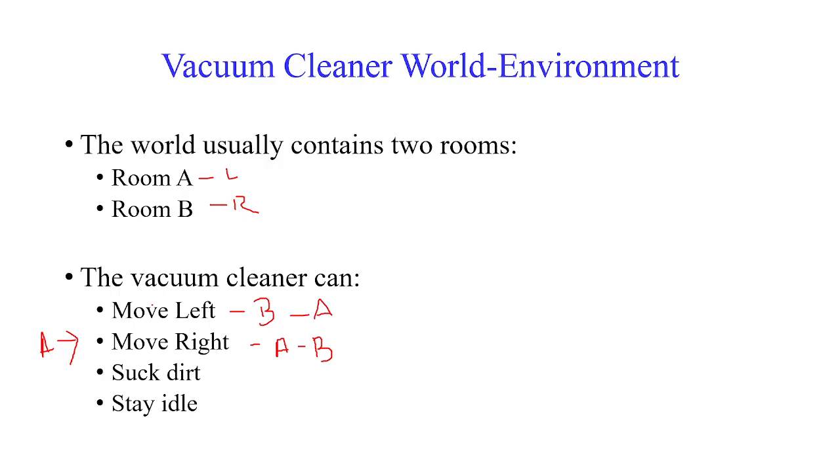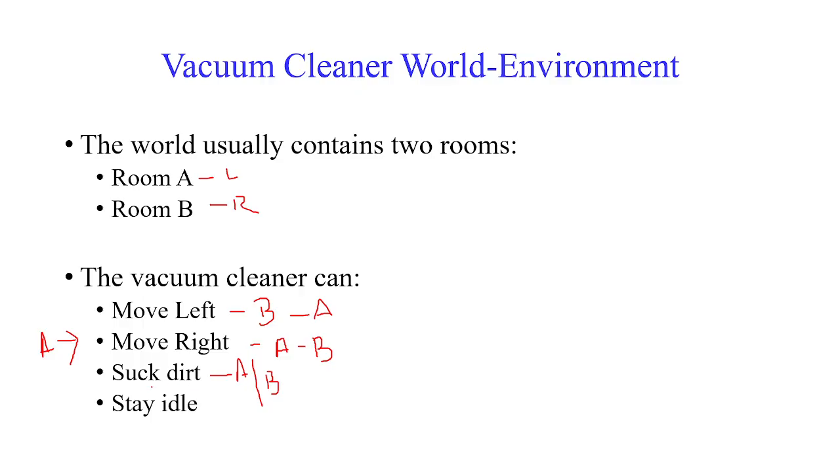Now, the first two actions are about moving, either left or right. Now, in whichever room it is, A or B, the agent has to suck the dirt if there is dirt. But if the room is already clean, this action has no effect. Okay.